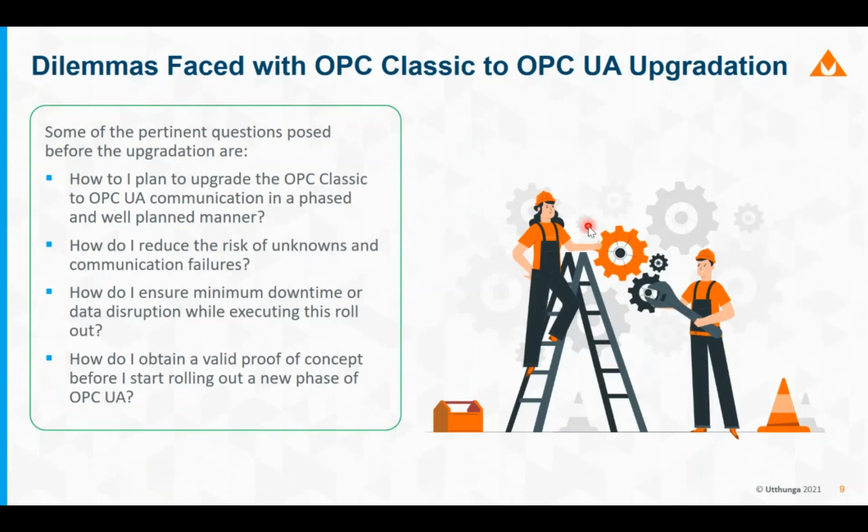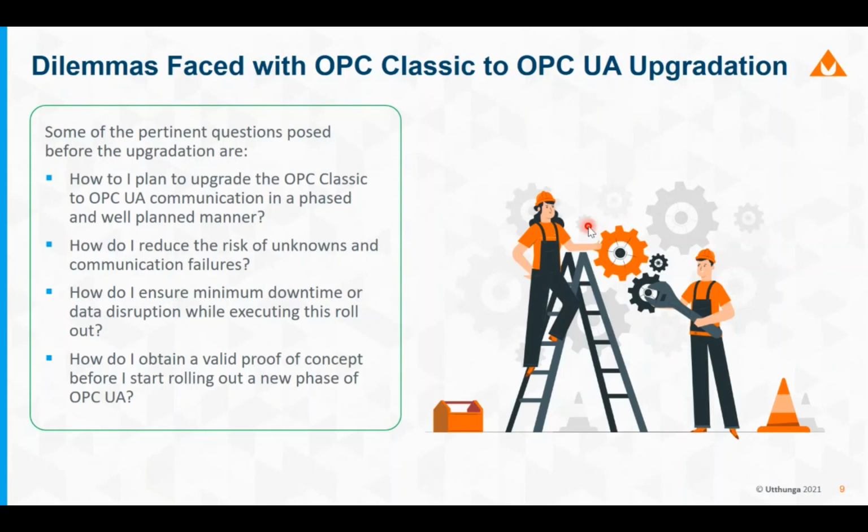Now that is the first part. Now suppose even if you plan it, how do you know what would happen once you do the upgrade? Will it work? Will there be a communication failure? And if there are failures, how much time is it going to take to repair them? You have no idea. And that puts a lot of trouble. That gives a lot of sleepless nights to the people who are going to do it.